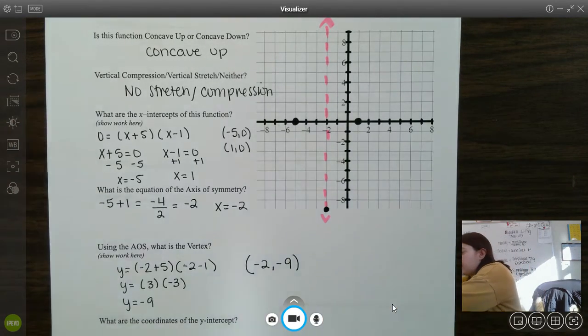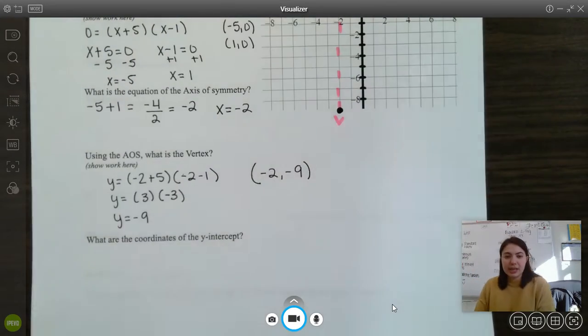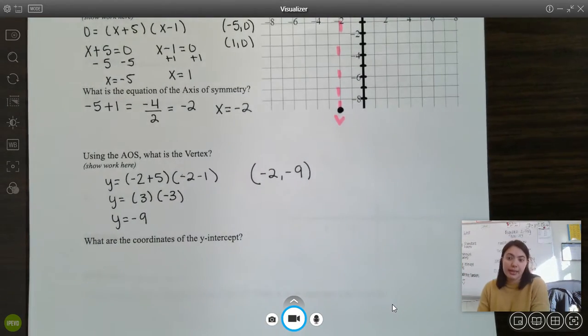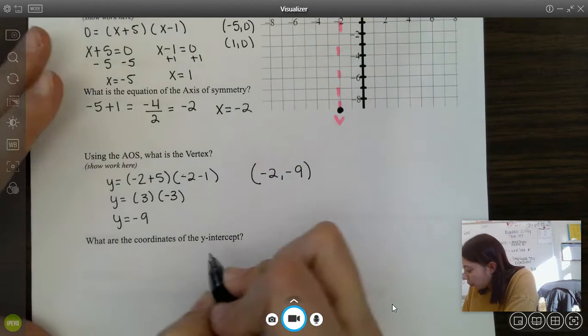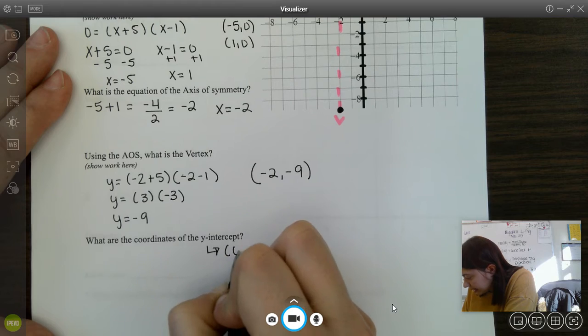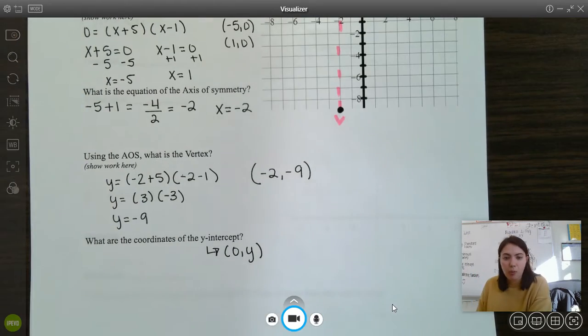And then our last and final step, which is our last question, is find the coordinates of the y-intercept. Well, typically our y-intercept is the c value in standard form. However, we don't have a c value here because our equation is given to us in factored form. So our y-intercept is always going to be the point 0, y.